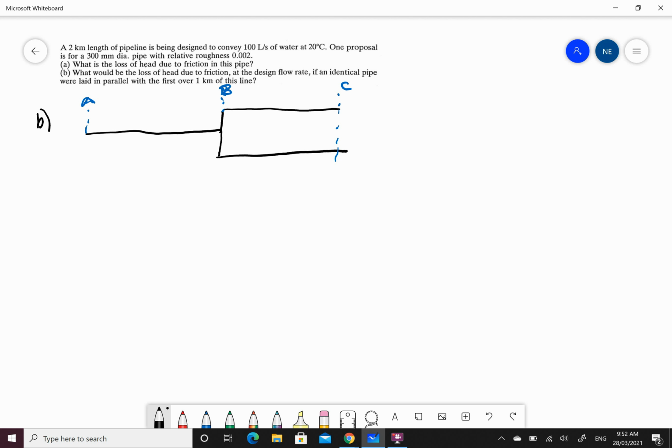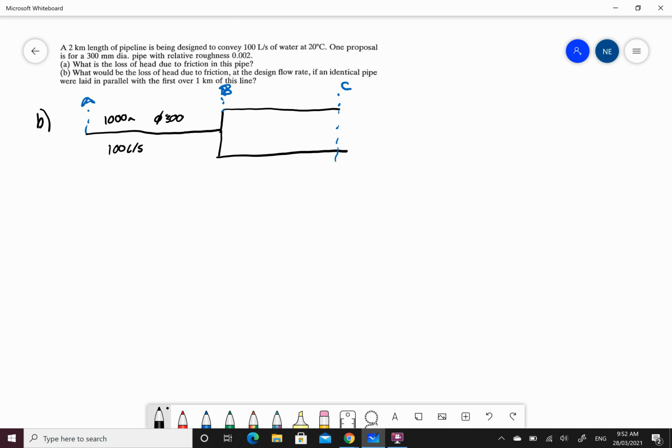So we have obviously a Q coming in here of 100 liters per second. So 1,000 meters with a diameter of 300.